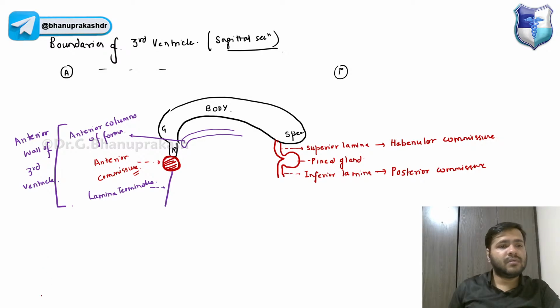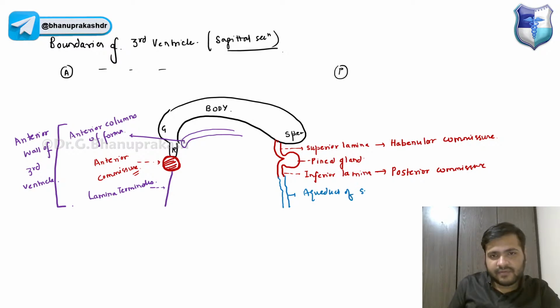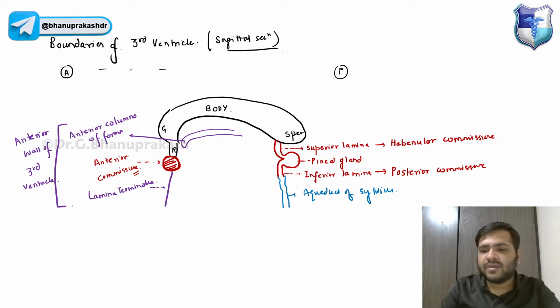Now in the posterior part, guys, yes Neon, you can just text your doubt. Over here we have the aqueduct of Sylvius, or the cerebral aqueduct, guys. That is something you have to remember.